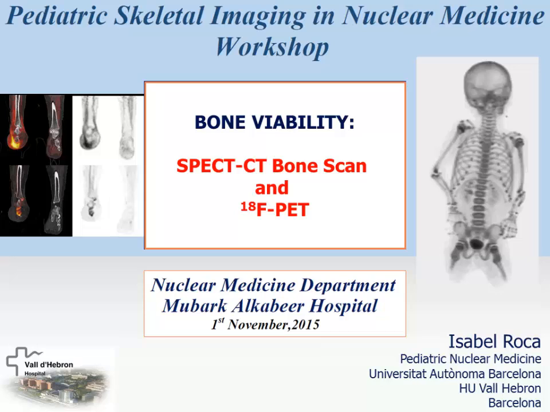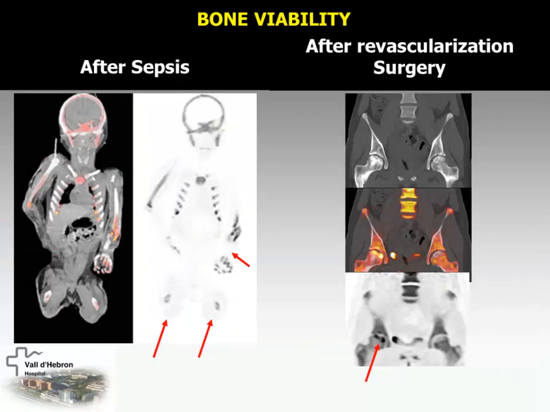Okay, we are going to see some images. The main indications for bone viability are, for example, on the left, a child with amputations after a sepsis, with a question about bone viability on remaining bones.